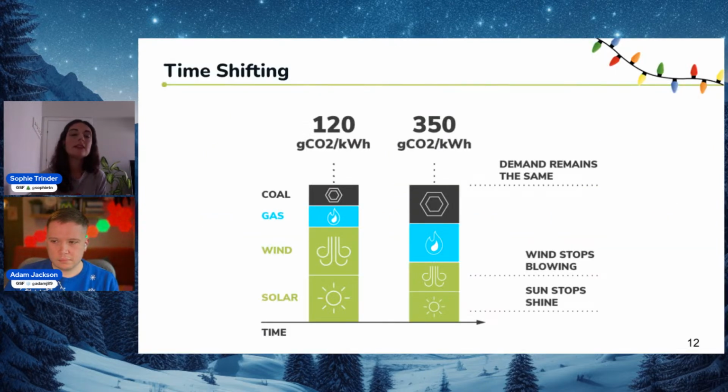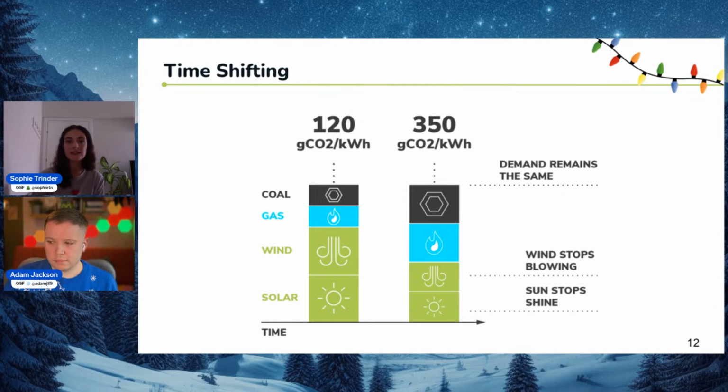So now let's look at time shifting. Here you can see 2 columns representing the exact same amount of demand for electricity. On the left, the makeup of electricity generated and supplied, and therefore available on the grid, is cleaner. And we use a measure called carbon intensity, which is in grams of carbon dioxide per kilowatt hour. So when there's more wind and sunshine, the carbon intensity is 120 grams of carbon dioxide per kilowatt hour on the left-hand side.